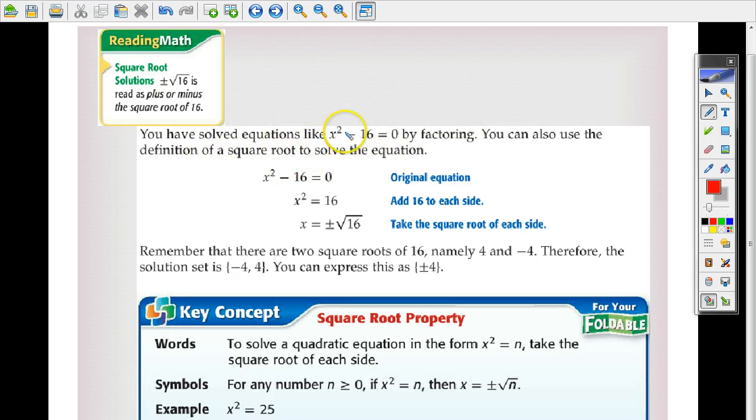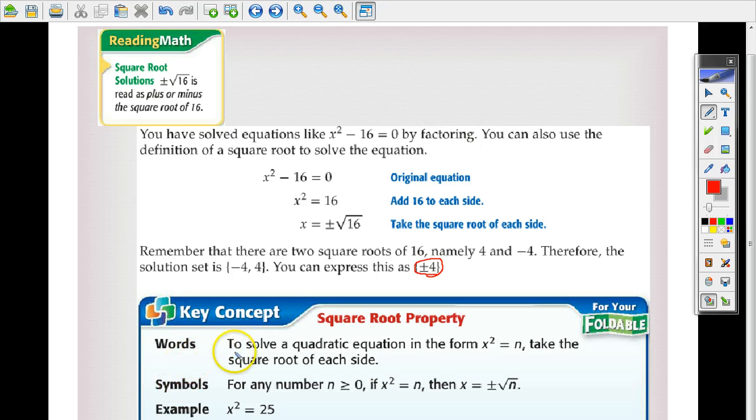So you can do this by factoring, or you can say x squared equals 16. When you have a square, x is going to equal plus or minus square root of 16, which is 4. So your answer can be expressed as plus or minus 4.